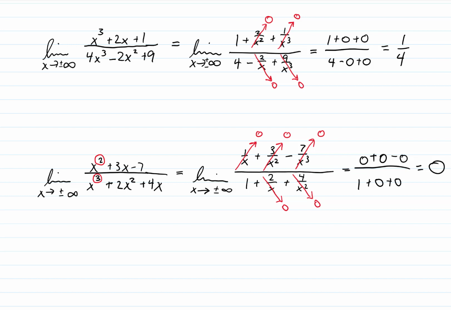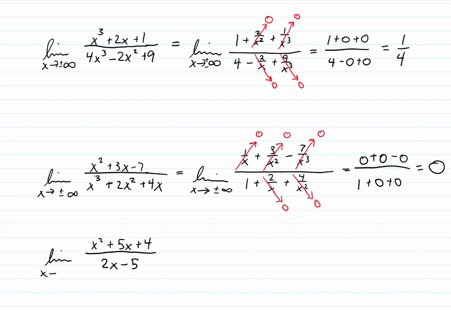All right. Let's do one where the degree of the numerator is bigger than the degree of the denominator. Let's do the limit of x squared plus 5x plus 4 over 2x minus 5.